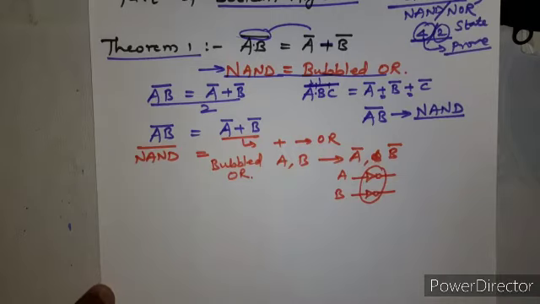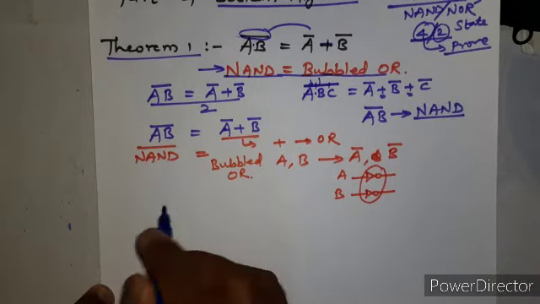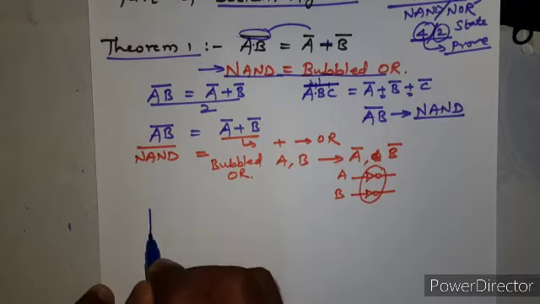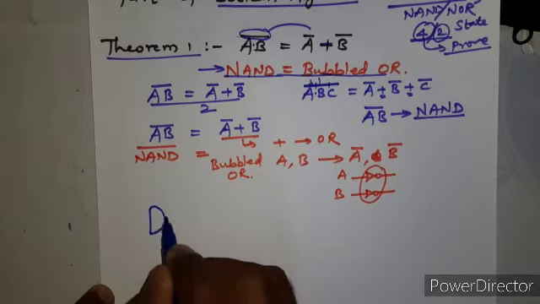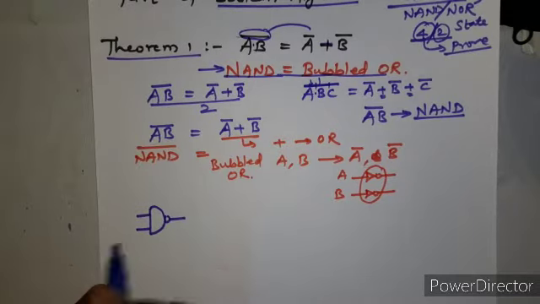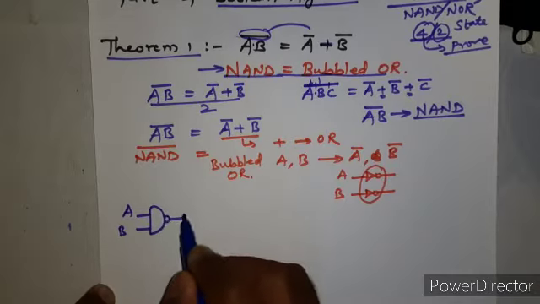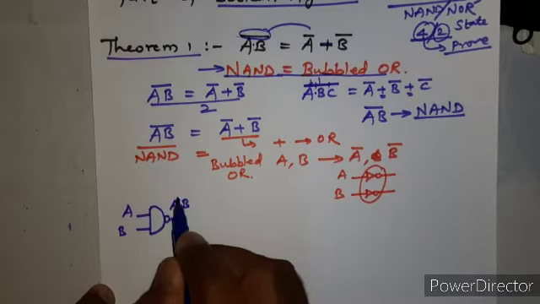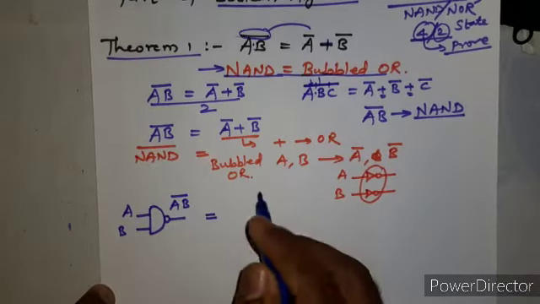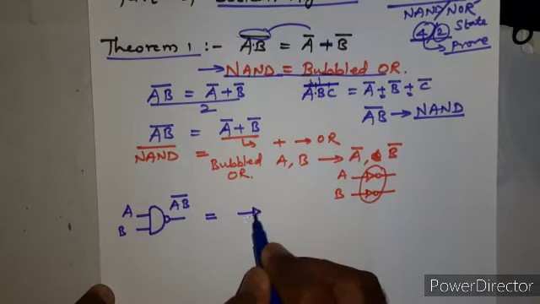Let us see this diagrammatically. We have this NAND gate. Now how is the NAND gate represented? This is the NAND gate. We have this A, we have this B, and the output here is AB whole bar. This is equal to A bar. Now how should I represent A bar?